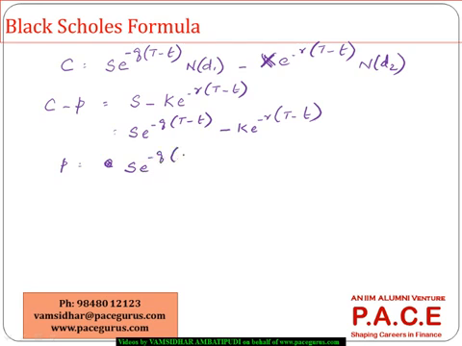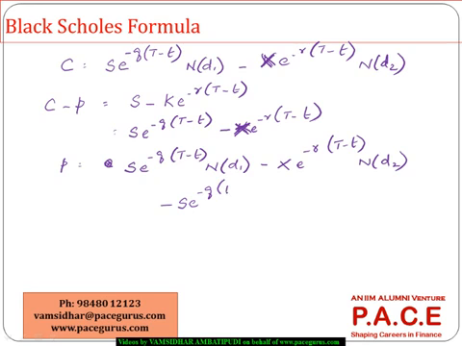C is S e power minus q(T minus t) N(d1) minus X e power minus r(T minus t) N(d2). For the strike price I can use either X or K. Because P is C minus S e power minus q(T minus t) plus X e power minus r(T minus t), this is the expression.